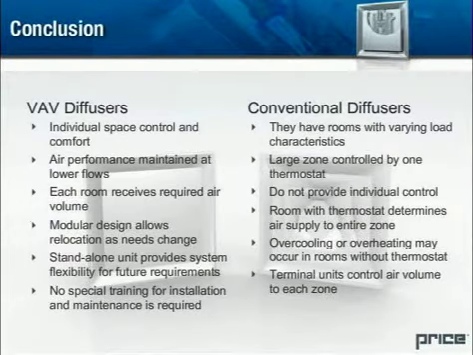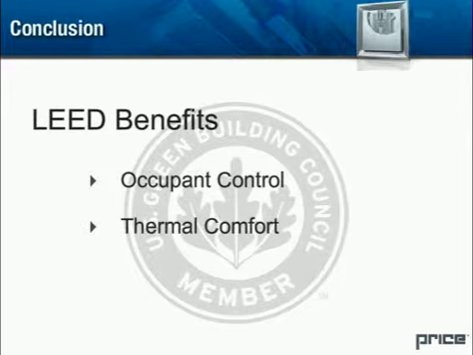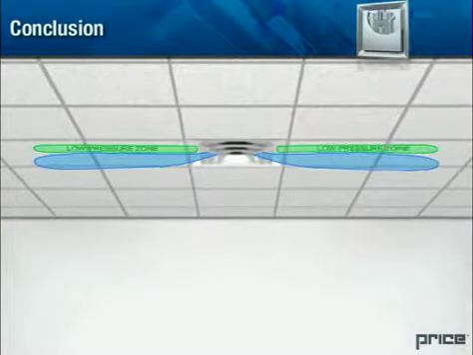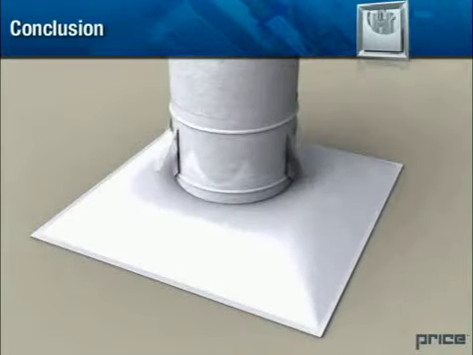We've compared the differences between VAV diffusers and conventional diffusers, and we've seen the numerous advantages that they offer. We've listed the benefits that can help achieve LEED certification. We've also examined operating principles that should be understood in order to design a successful VAV system. These include the Coanda effect, induction, ADPI, temperature measurement, diffuser layout, and pressure control.